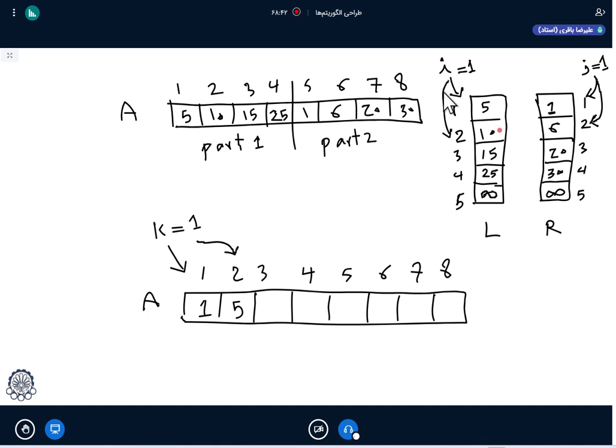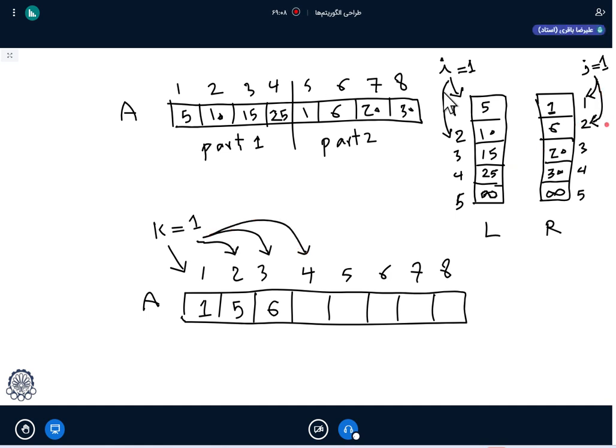So I is increased by 1, I is now 2. Also the index K is increased by 1. Then we compare 10 and 6. 6 is minimum, so 6 is copied and index K is increased.